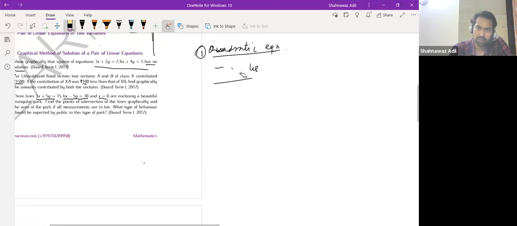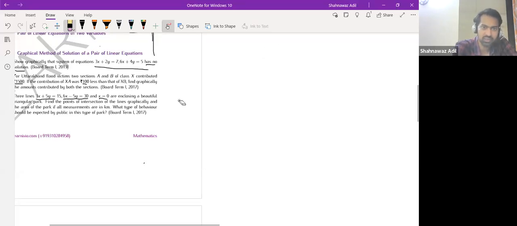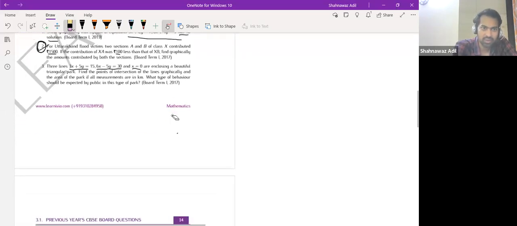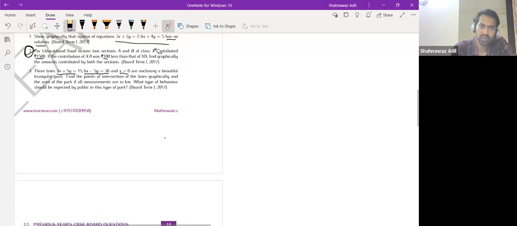Coordinate is 7, triangle is 6. So after triangle we have the coordinate geometry. Yes.